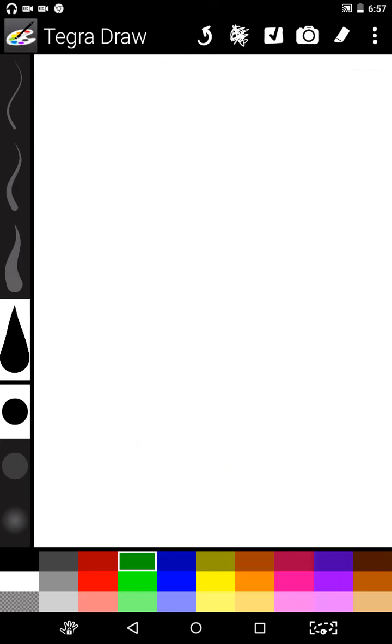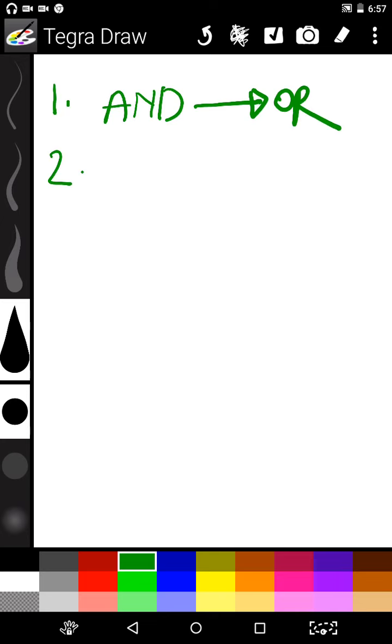Now for dual expression, some steps are to be followed. First step, AND operation is converted to OR operation. Second step, dot operation is converted to plus operation.